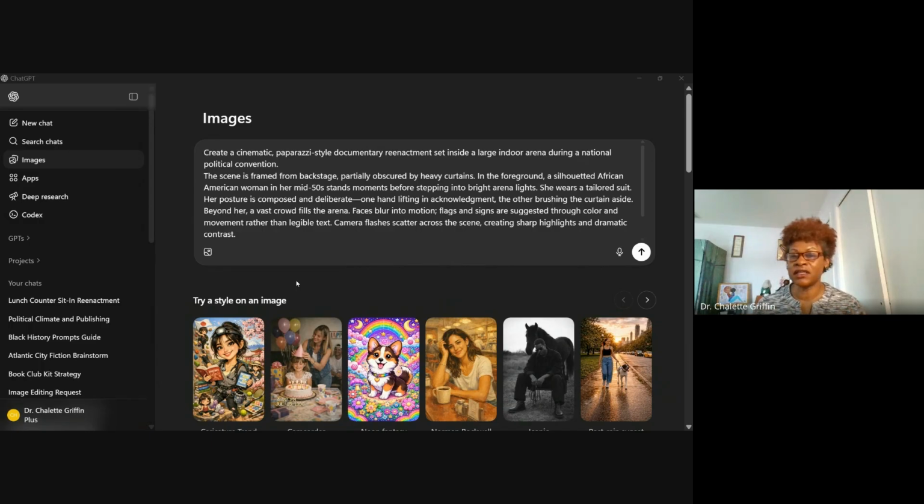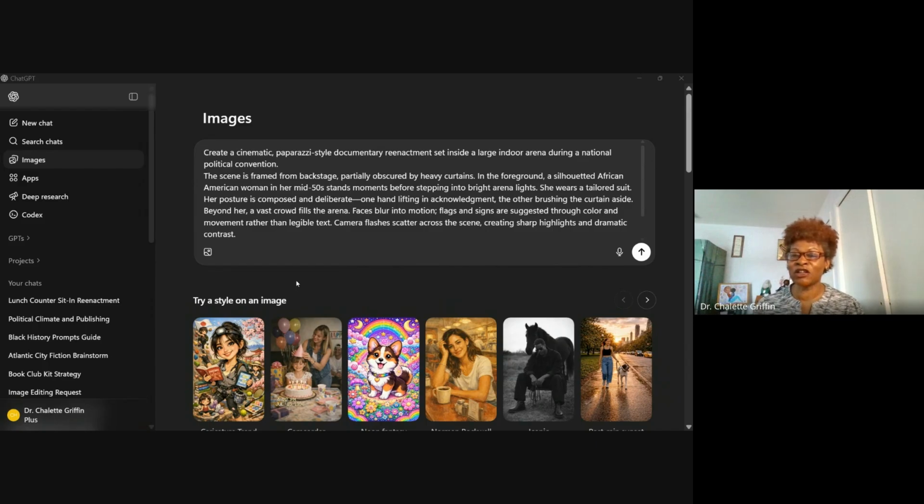And at the end of the second sentence is where we really talk about the subject: in the foreground, a silhouetted African American woman in her mid 50s. This is the subject that's going to be in our prompt, moments before stepping into the big arena lights. And probably at this point, you know what this image is going to generate, which makes it so fun. One of my favorite images, actually.